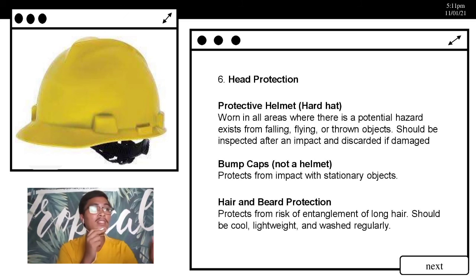So then the last one is the class C or the conductive hard hats. These differ from their counterparts in that they are not intended to provide protection against contact with electrical conductors.